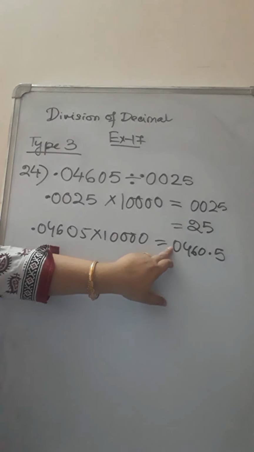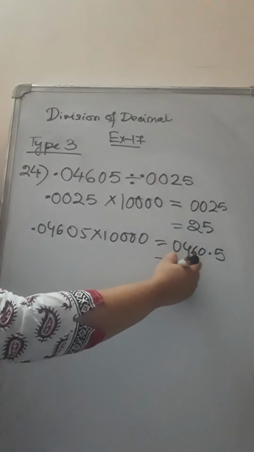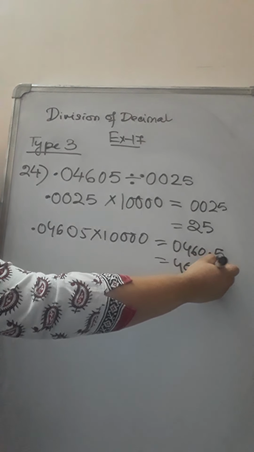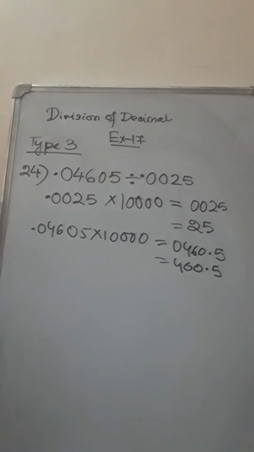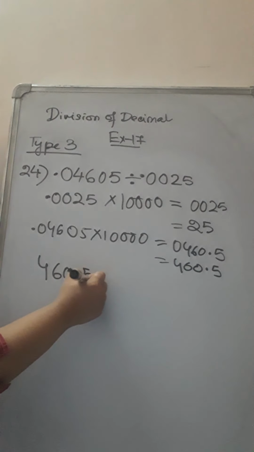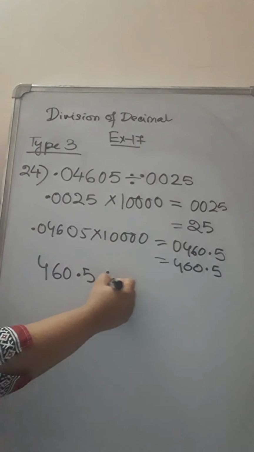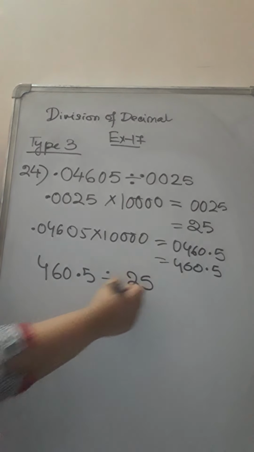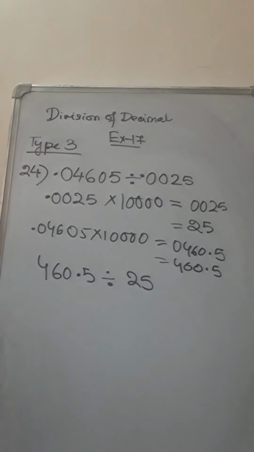So this 0 has no value, you can omit it and it becomes 460.5. Now the dividend is becoming 460.5 divided by the divisor 25. It is reducing to a simple sum where you have a point only in the dividend and not in the divisor.